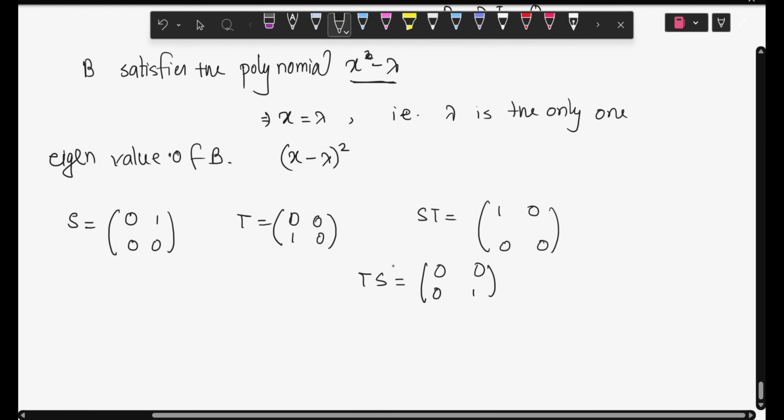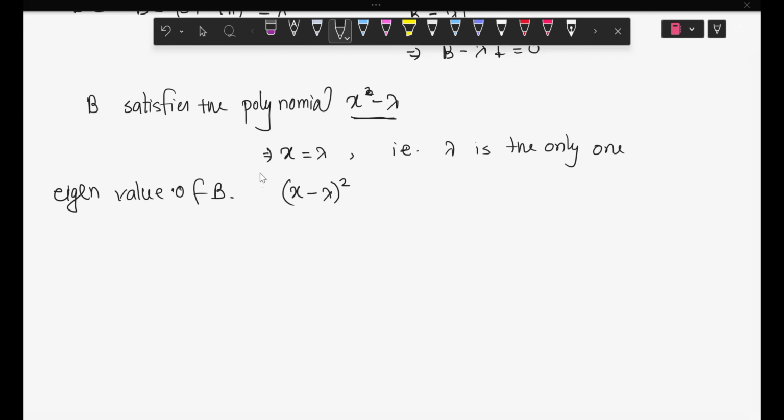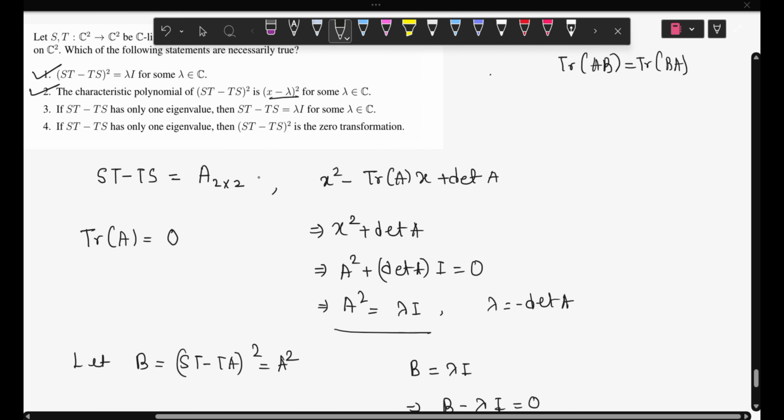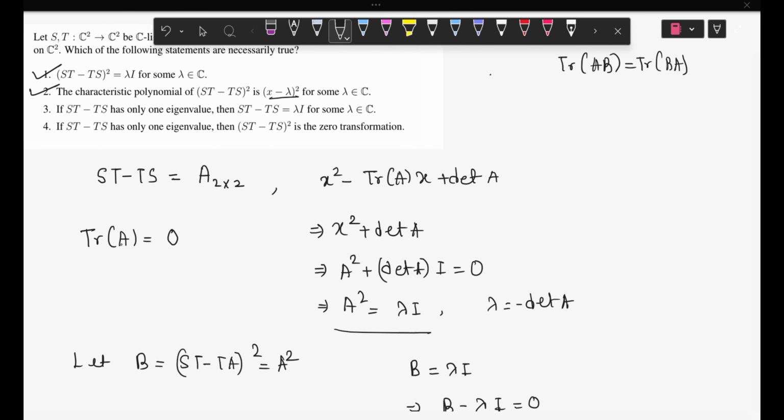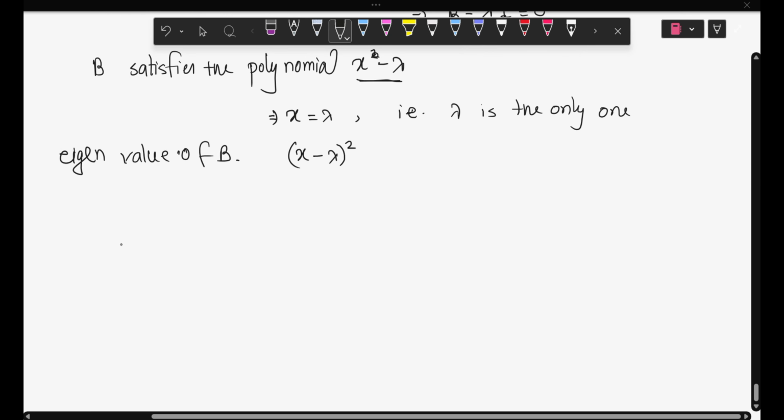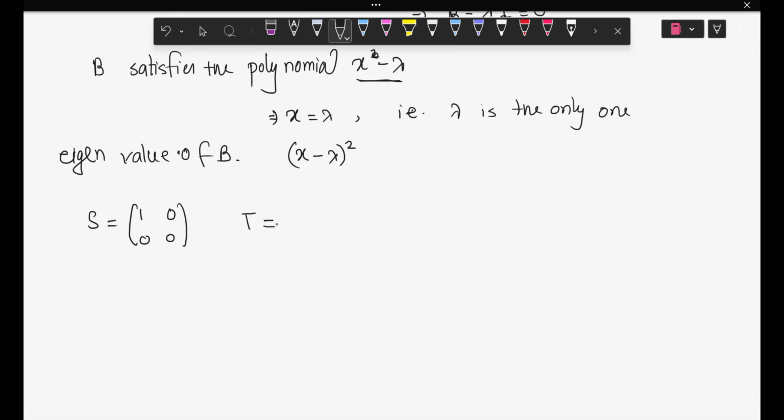So let's calculate ST minus TS. Now option C is saying that if ST minus TS has only one eigenvalue, then ST minus TS is equal to lambda I. To check whether this option is correct or wrong, I am considering the matrix representation of two linear transformations. I am considering the S matrix 1 0 0 0, and T equal to 0 1 0 0.